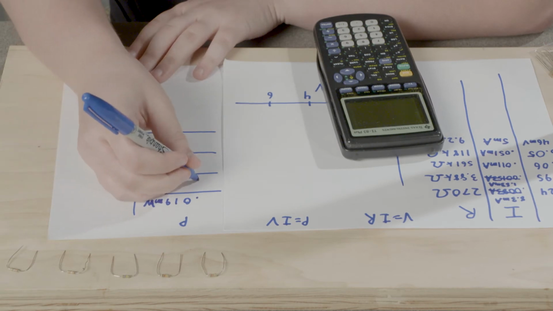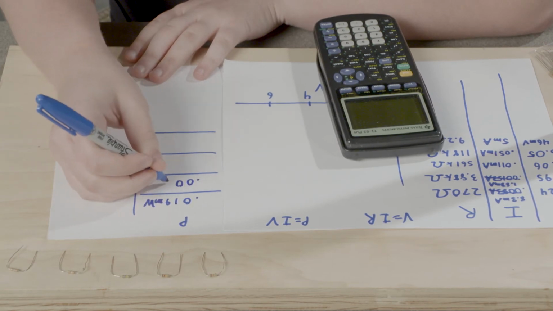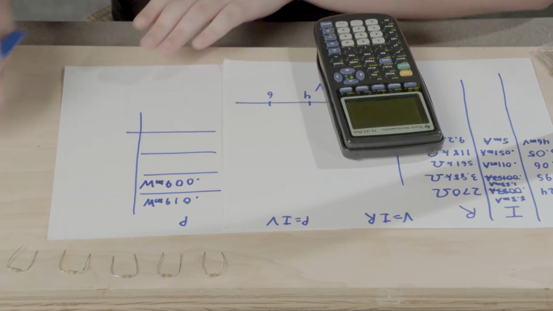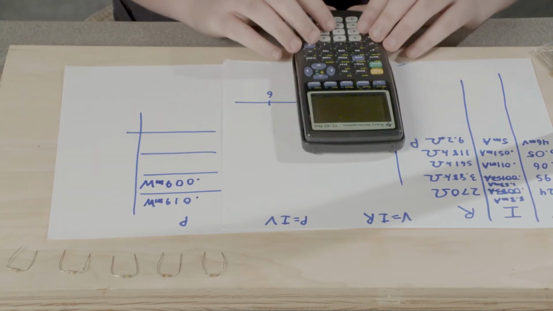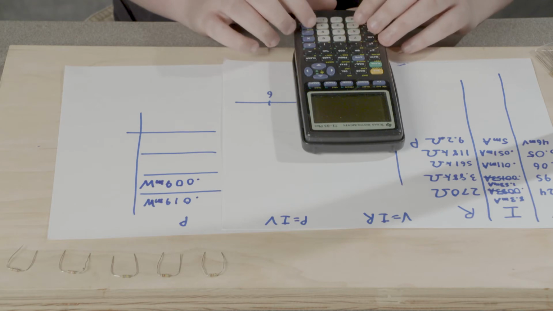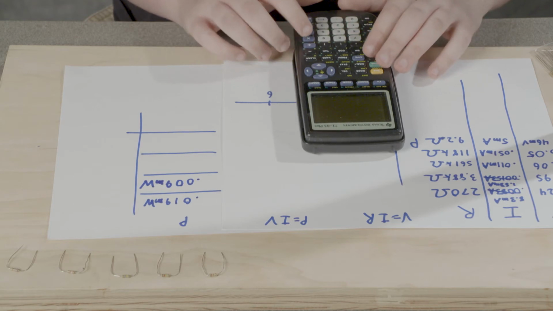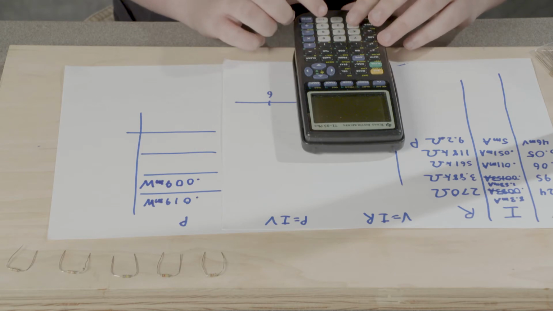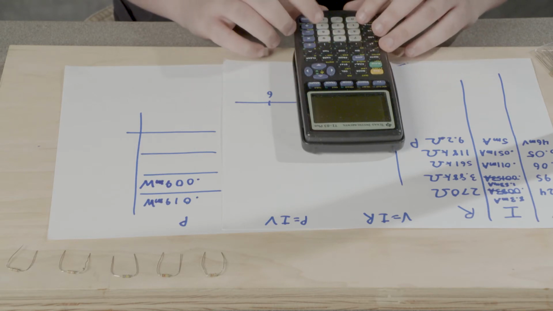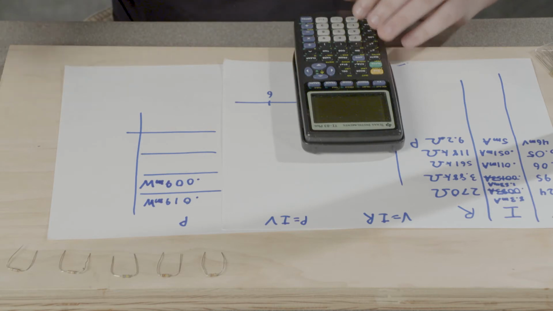We get 0.009 milliwatts. I'll do it for the 561 kilo ohm resistor. 6 multiplied by 0.011 milliamps.